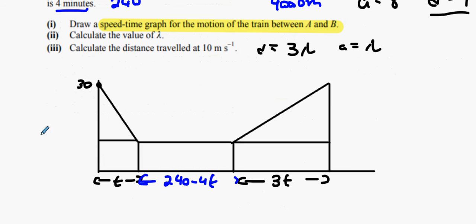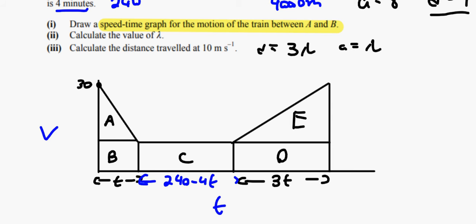Okay, so this is my velocity time diagram. No bother. Now, what can I say about A, B, C, D, and E added together? What's A plus B plus C plus D plus E? 4,000, isn't it? Add them all together, you have to get 4,000.